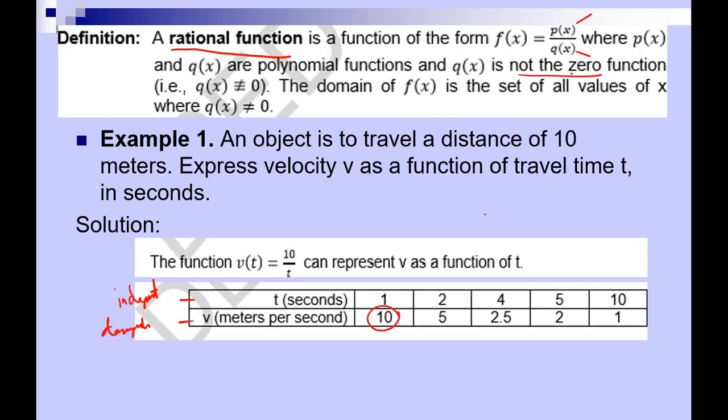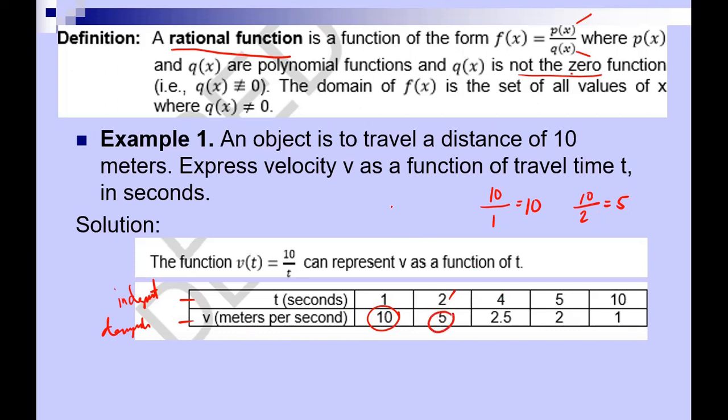So, just simply substitute 10 over 1, that is 10. Also, if we have t is equal to 2, 10 divided by 2, that is 5. That's why 5 is our v or the velocity.